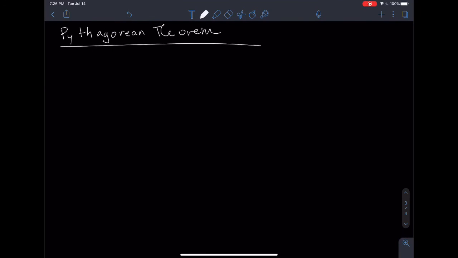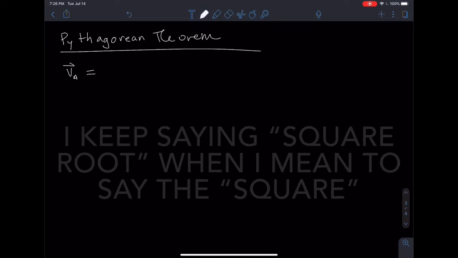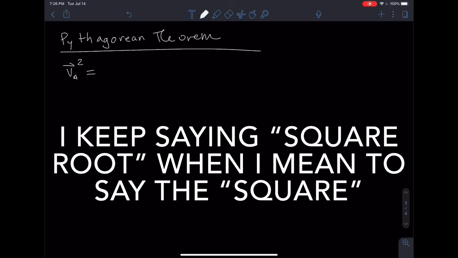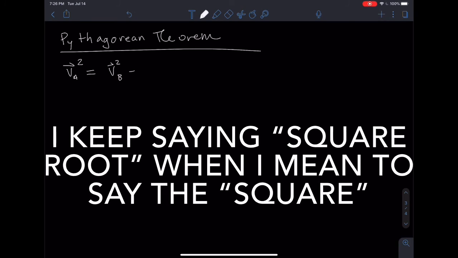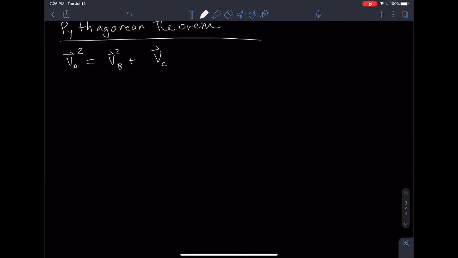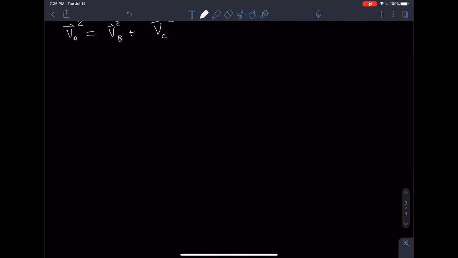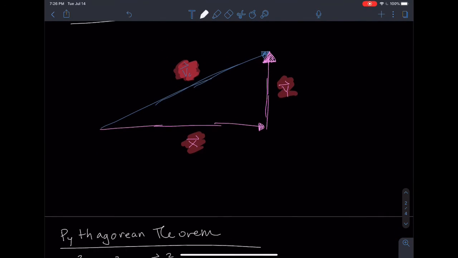This is very self-explanatory. I'm definitely going to go into it more in later videos, but the basic gist of it is, if we're trying to find vector A, the square of vector A is going to equal the square of vector B plus the square of vector C. And what does this look like? Well, the setup is very similar to what we see here.